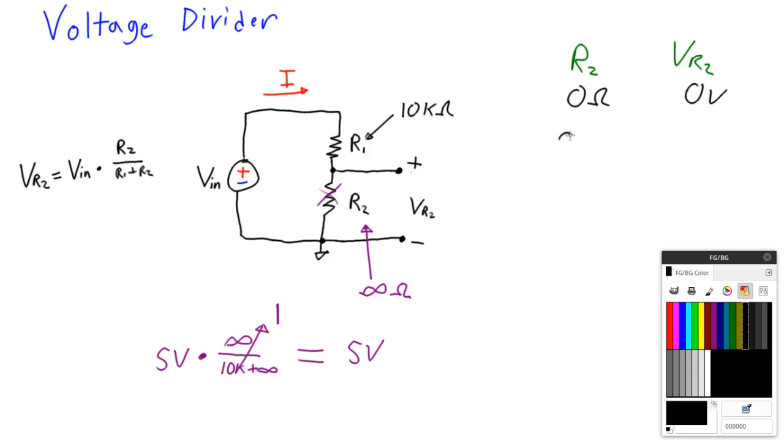If it is infinity ohms, then it's going to be equal to V in. So 0 ohms, we'll just call that a short, and infinity ohms, we'll just call that an open circuit.